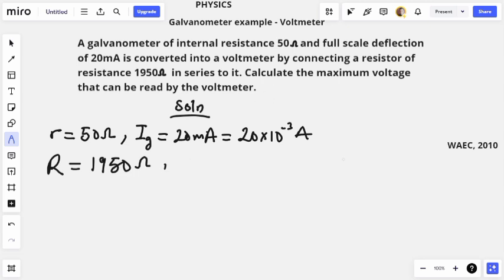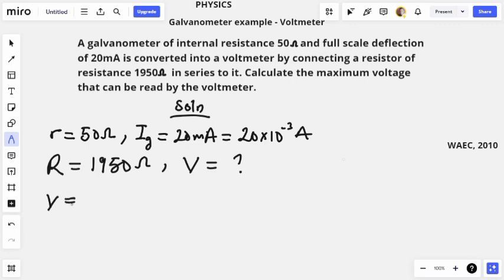So we are to calculate the maximum voltage that can be read by the voltmeter. That's V, the voltmeter reading. That's what we are to calculate. You recall that we've already done analysis on how to convert a galvanometer to a voltmeter in one of our videos. The link to the video is in the description. So let's do this.